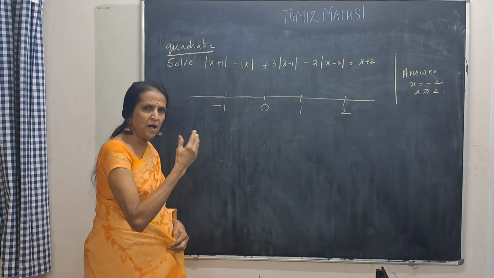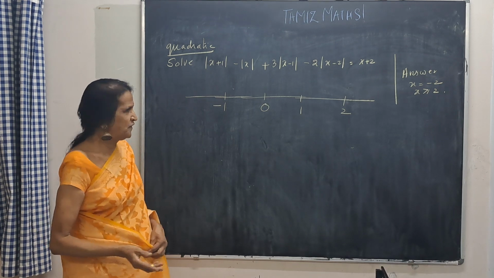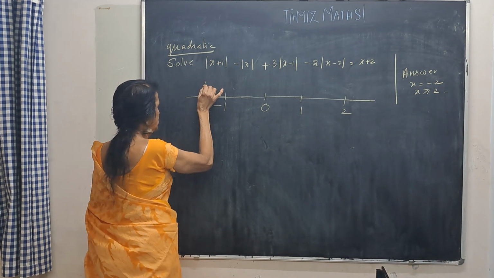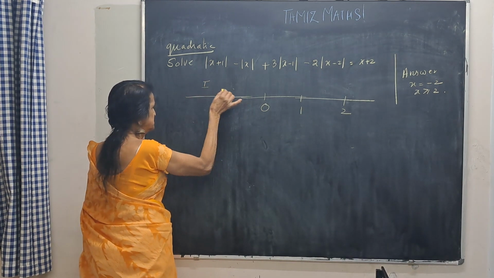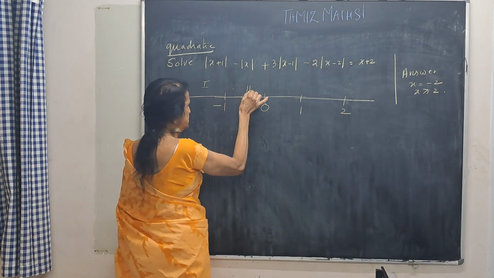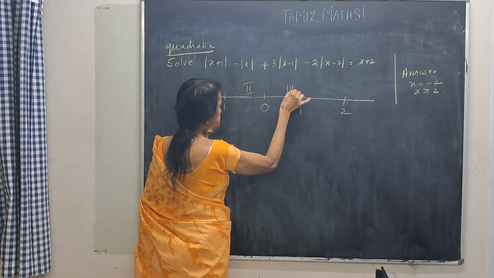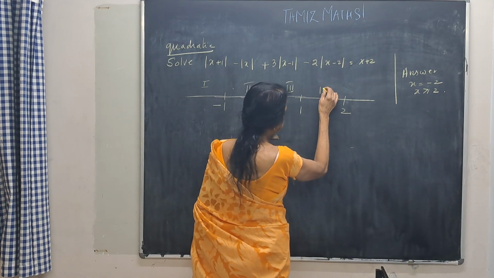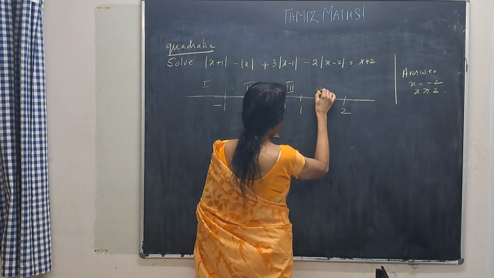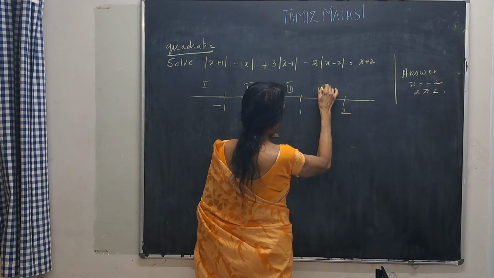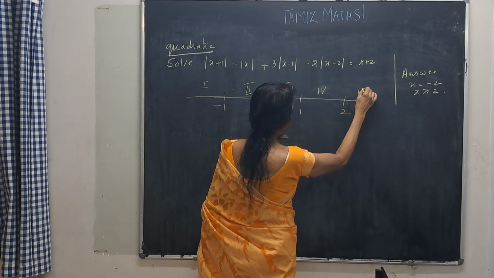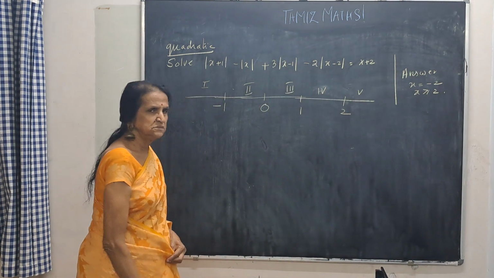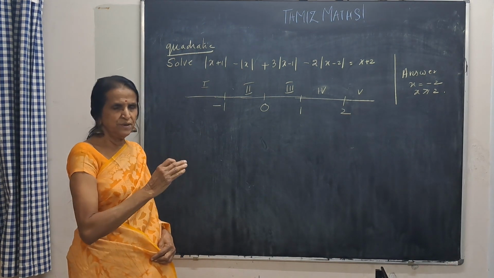The more you mark, the more intervals you have. Now this is interval 1. This up to here is interval 2. This is interval 3. This is interval 4. And this is interval 5. Now each case we have to discuss.